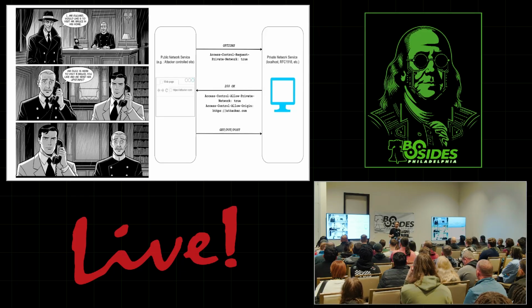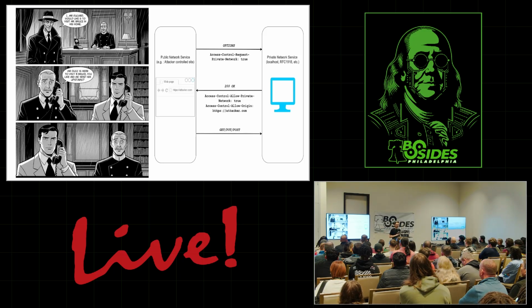So say you open a public website and it tries to initiate a connection to something private, something on localhost, something in RFC 1918. The browser is going to step in and do something called a preflight request. It would first send an OPTIONS request to that private resource, with Access-Control-Request-Private-Network set to true, requesting that access.